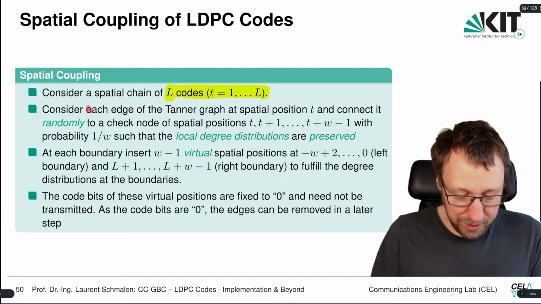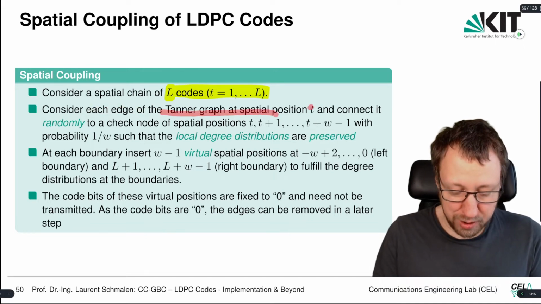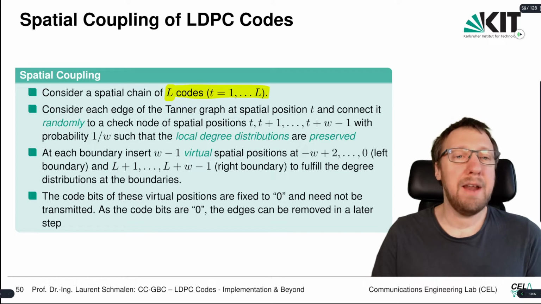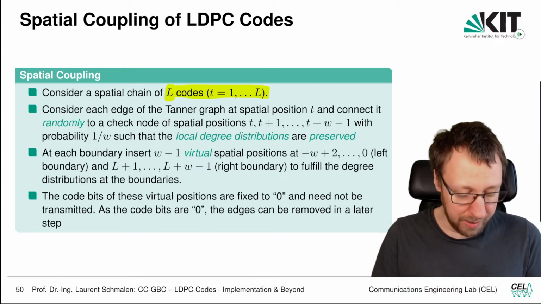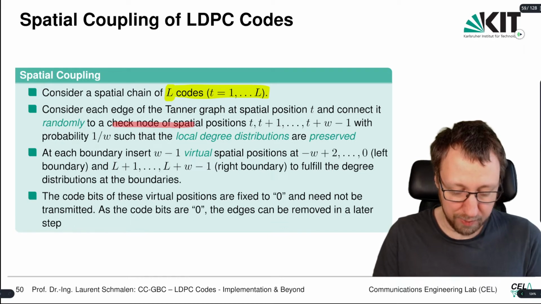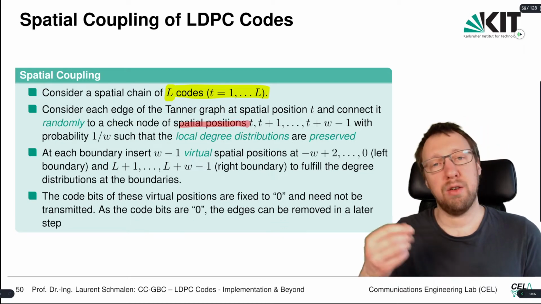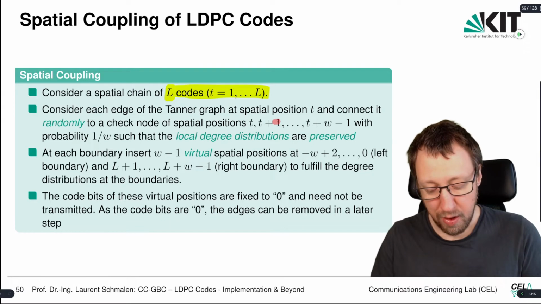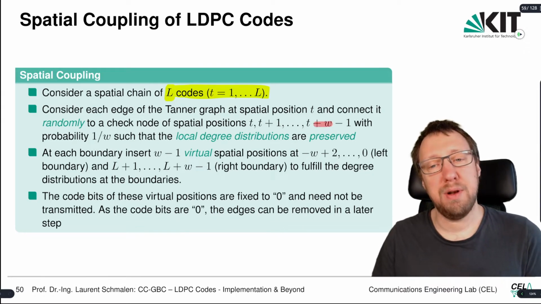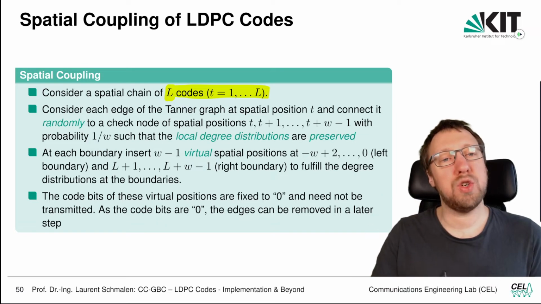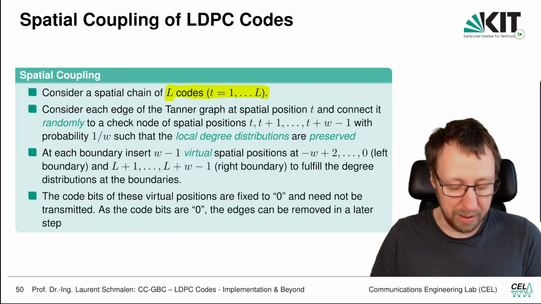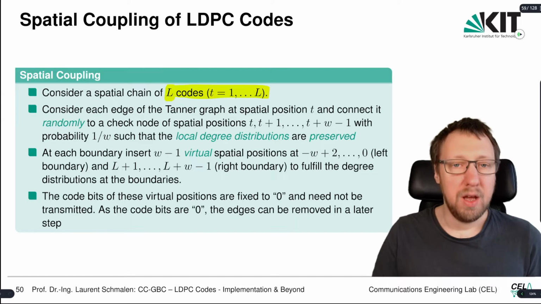We look at each edge of the graph at a spatial position t, and we make a random experiment. We connect it either to a check node of spatial position t, a check node of spatial position t plus 1, or up to a check node at position t plus w minus 1. We choose those with a probability of 1 over w.